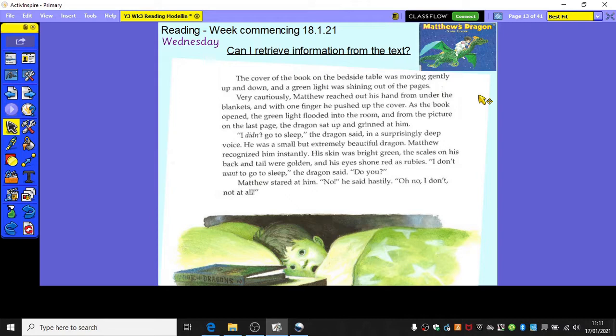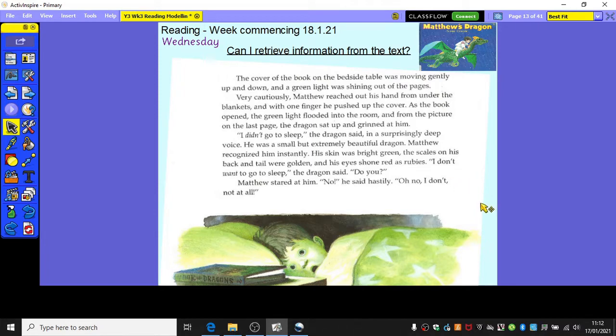"I didn't go to sleep," the dragon said in a surprisingly deep voice. He was a small but extremely beautiful dragon. Matthew recognised him instantly. His skin was bright green, the scales on his back and tail were golden, and his eyes shone red as rubies. "I don't want to go to sleep," the dragon said. "Do you?" Matthew stared at him. "No," he said hastily. "No, I don't, not at all."